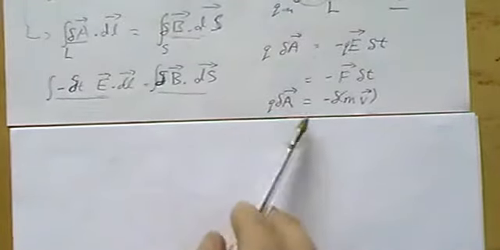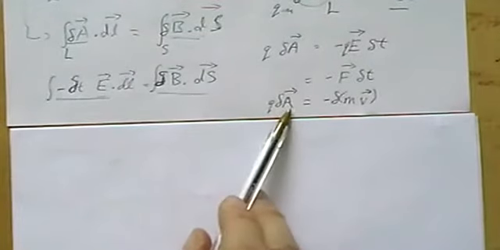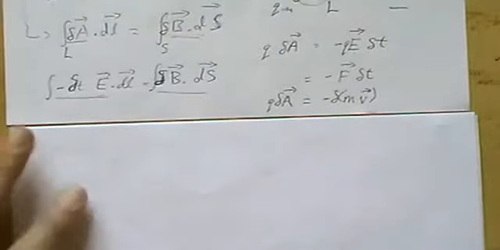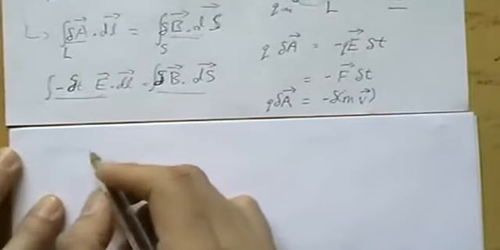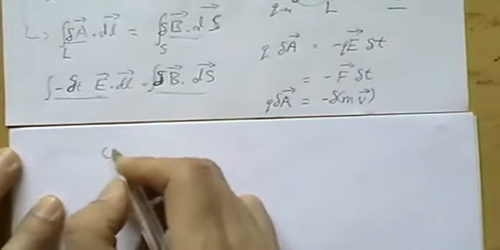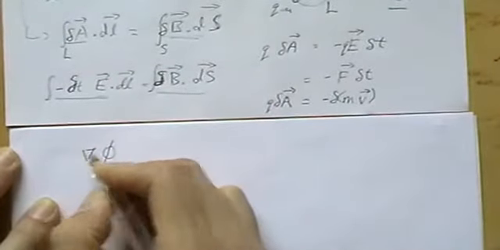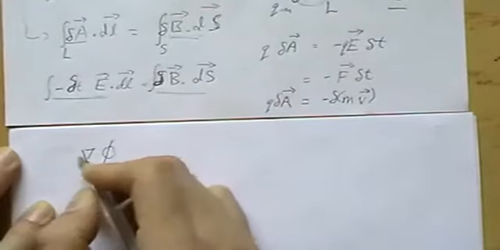So now we have our interpretation. The vector potential A is a momentum. Now, to clarify this a little bit, let's recall what we know about the electric potential. Remember, the gradient of the electric potential, with a minus sign, is equal to the electric field.